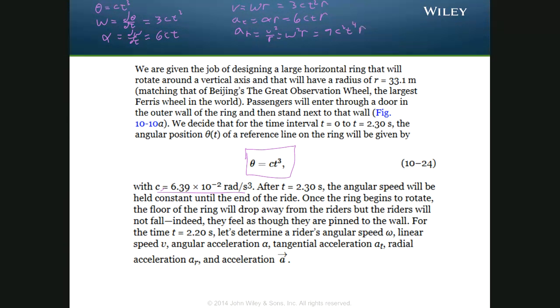And so you have all the expressions now. You can plug in all the numbers, for any t. You can now solve in the interval from t equals 0 to 2.3 seconds and get all those quantities very simply. So get them for a little bit, and then we'll tackle the next part.